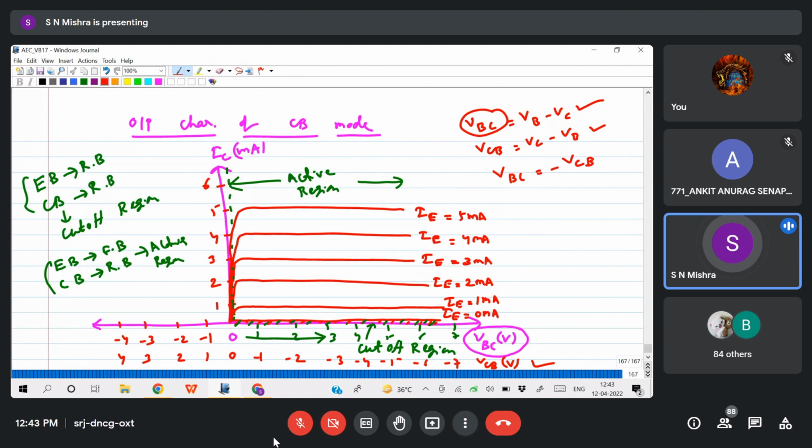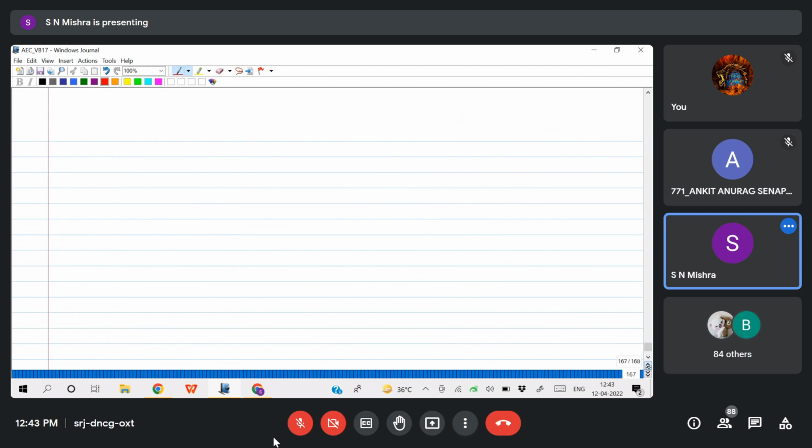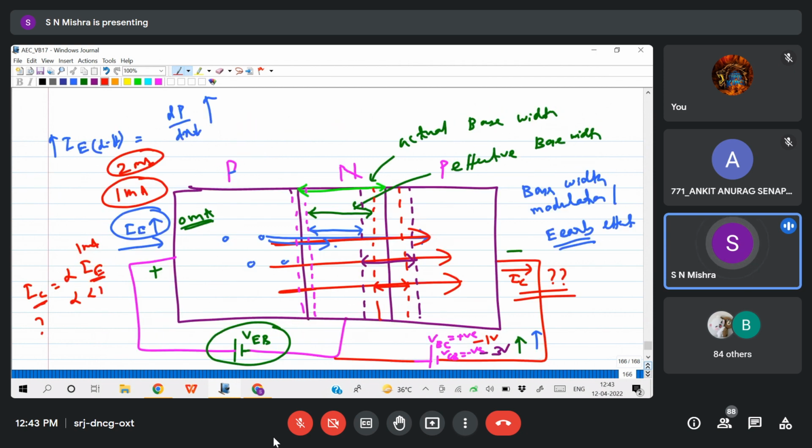But the ultimate thing is that VCB positive means, look at here, VCB positive means I should connect like this.